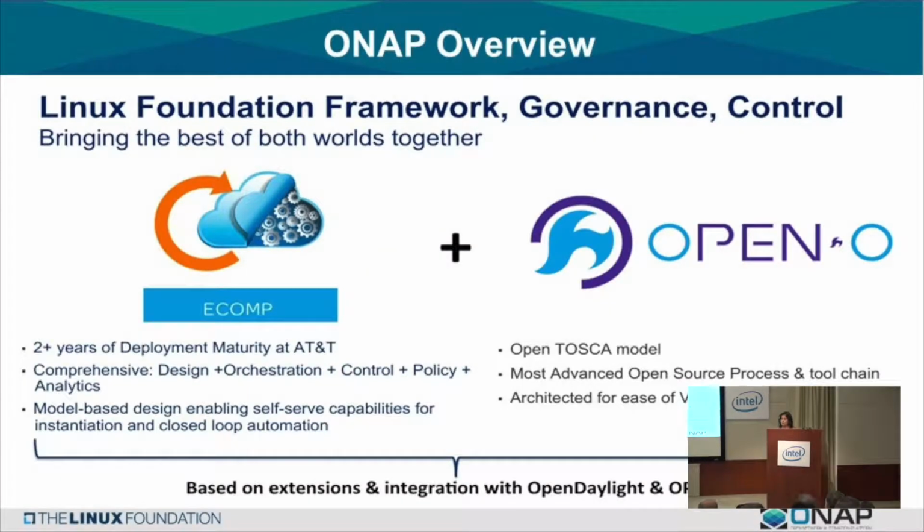Okay, so I'll start with a little overview on ONAP. I don't know how many people here are familiar with it, but ONAP stands for Open Networking Automation Platform. This is a project started by AT&T, a merger of OpenO with AT&T's eCOMP project at the beginning of last year.